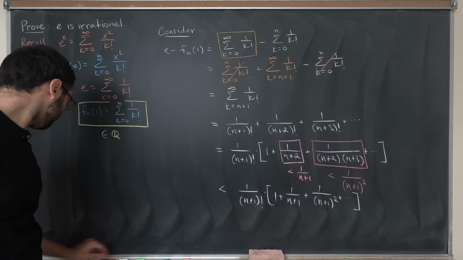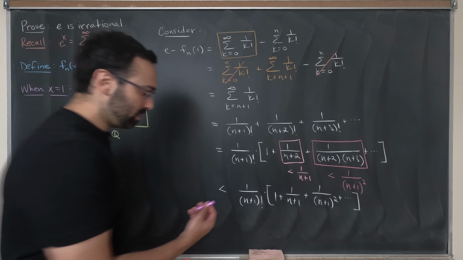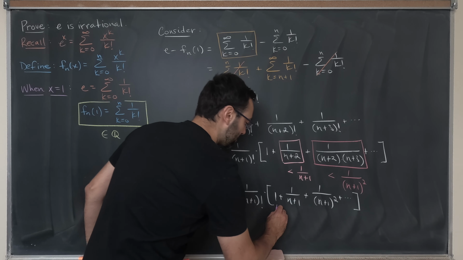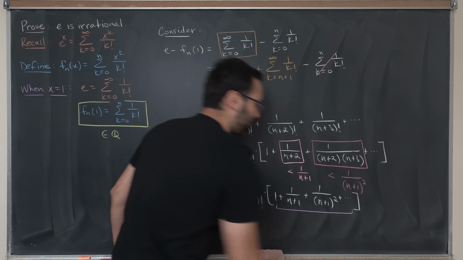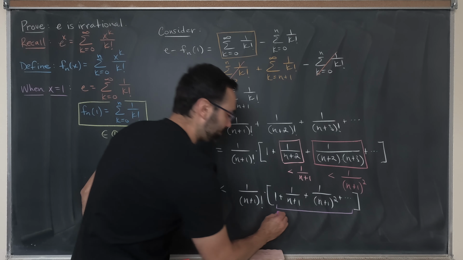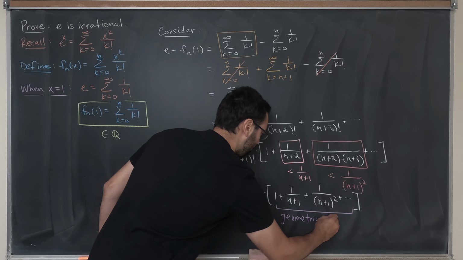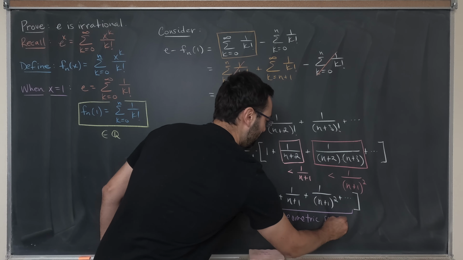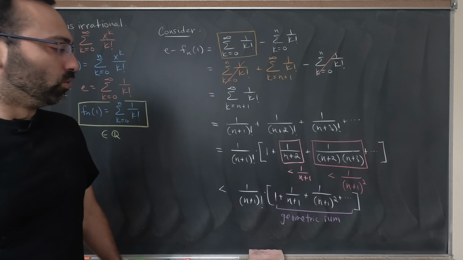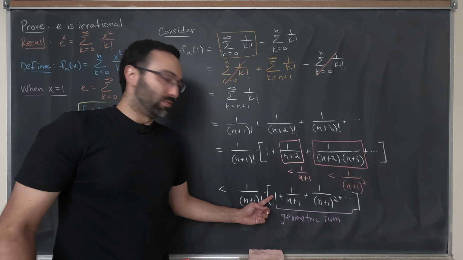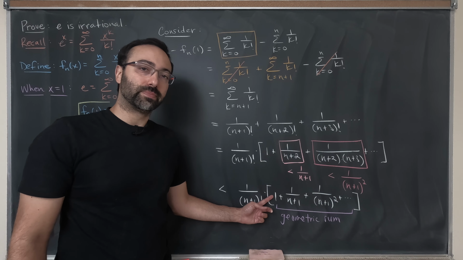However, what we see inside the brackets is a geometric sum. How do we know that? Well, the first term here is 1.